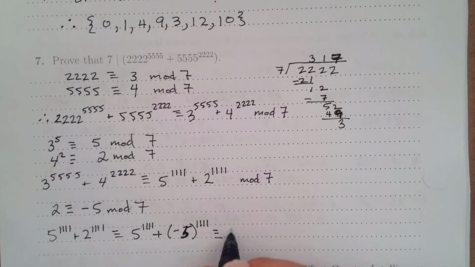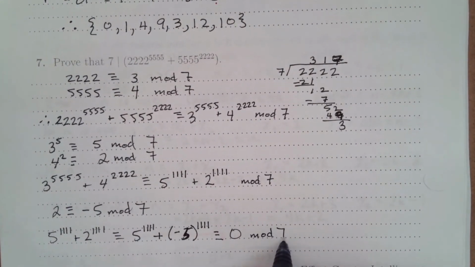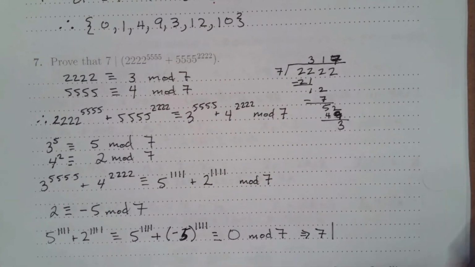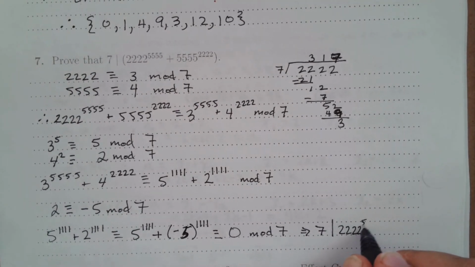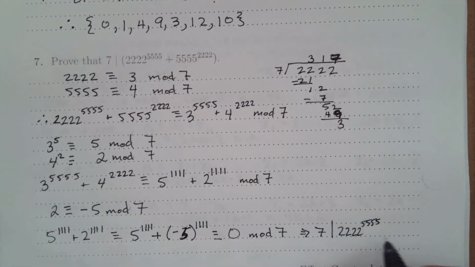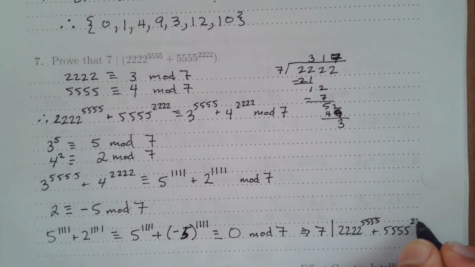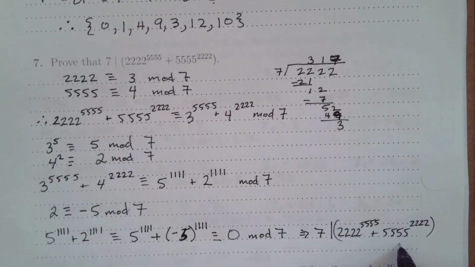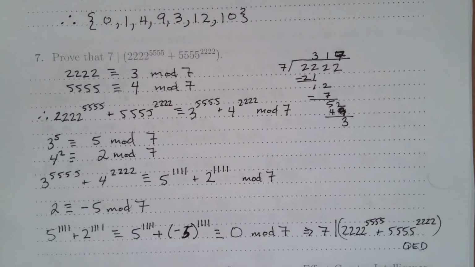So this is equivalent to 0 mod 7, which therefore implies that 7 will in fact divide 2,222 to the 5,555 plus 5,555 raised to the 2,222. Quod erat demonstrandum.